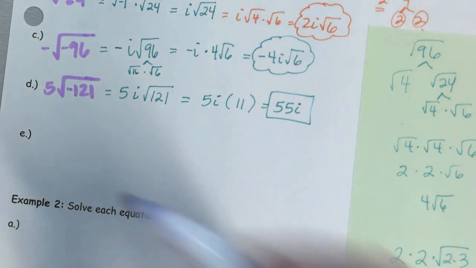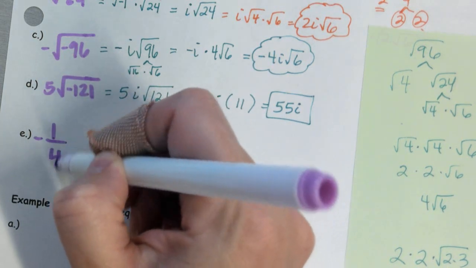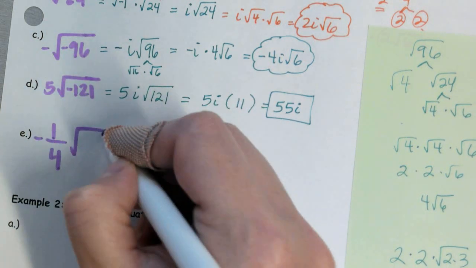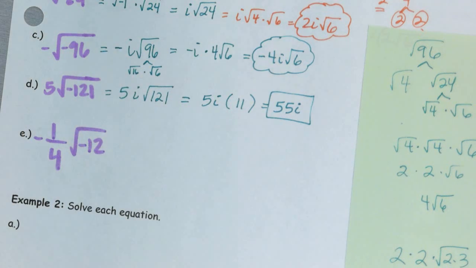I think I heard you guys say that you wanted some fractions in there. So here you go. We got some fractions. And again, just simplify the radical first, and then we'll apply the fraction, okay?